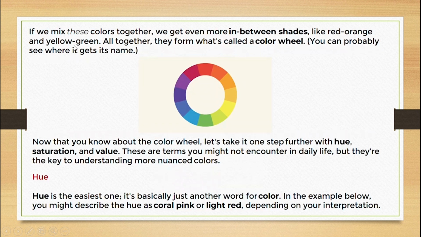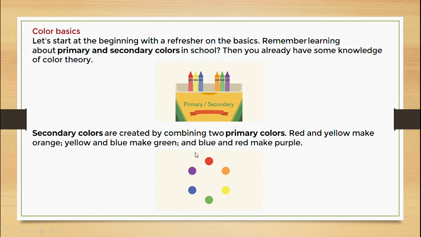Moving on. If we mix these colors together, we get even more in-between shades, like red and yellow, green. All together they form what is called a color wheel. You can probably see where it gets its name. What this point is saying is, let me go back to this color here.